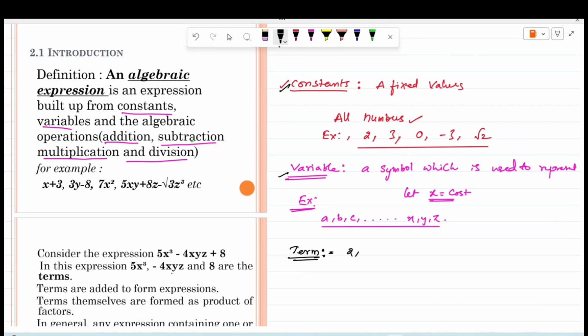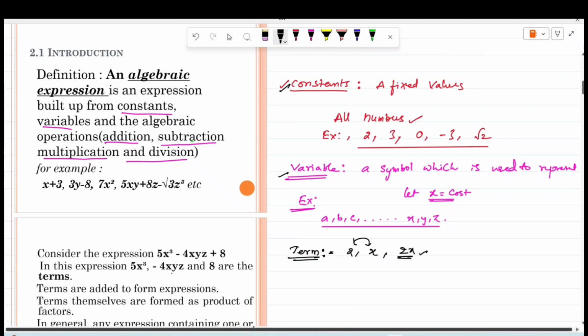For example, 2 is a term, x is also a single term, but when you combine both like 2x, 2x is also a term. Now observe carefully, 2 individually is a constant, only a number, x individually is only a variable, but 2x contains a constant and a variable, yet it also comes under a term only.